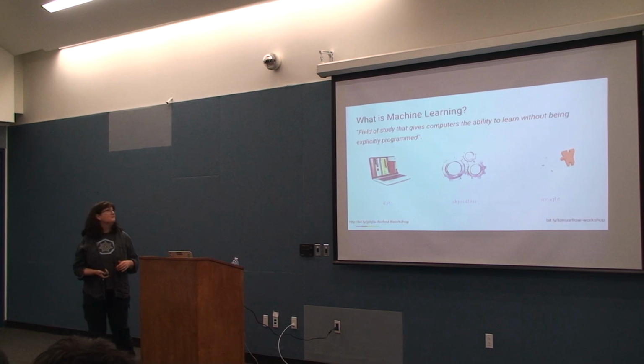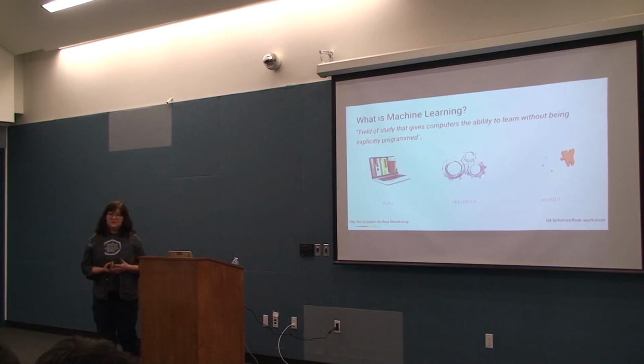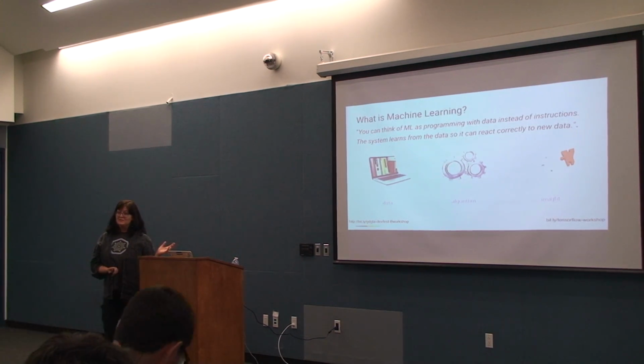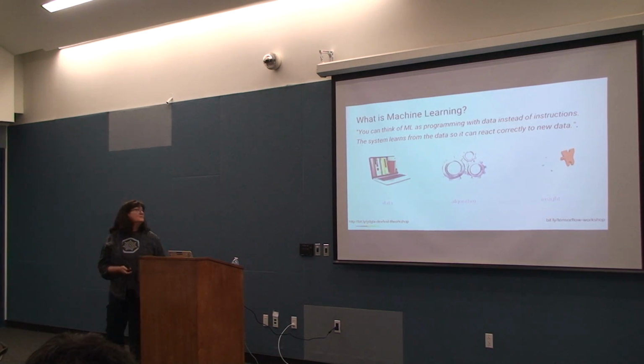So a few of my favorites. Gives computers the ability to learn without being explicitly programmed. That's a nice way to look at it. Another nice way to look at it is you can think of machine learning as programming with data instead of instructions. So you give it a lot of data. The computer learns from that data so that it can react directly to new data.